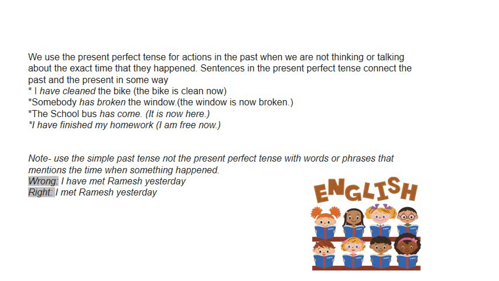So here one thing you have to note, use the simple past tense, not the present perfect tense, with words or phrases that mention the time when something happened. If you write I have met Ramesh yesterday, that will be wrong. Here we have to write I met Ramesh yesterday.